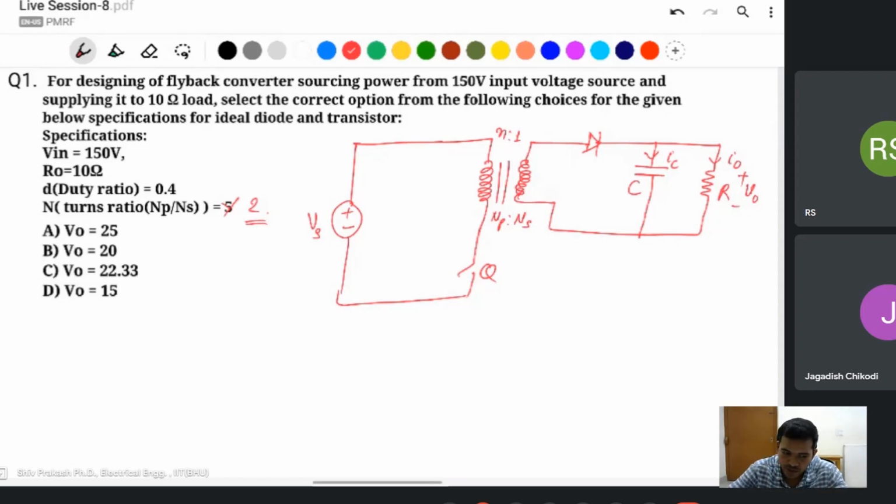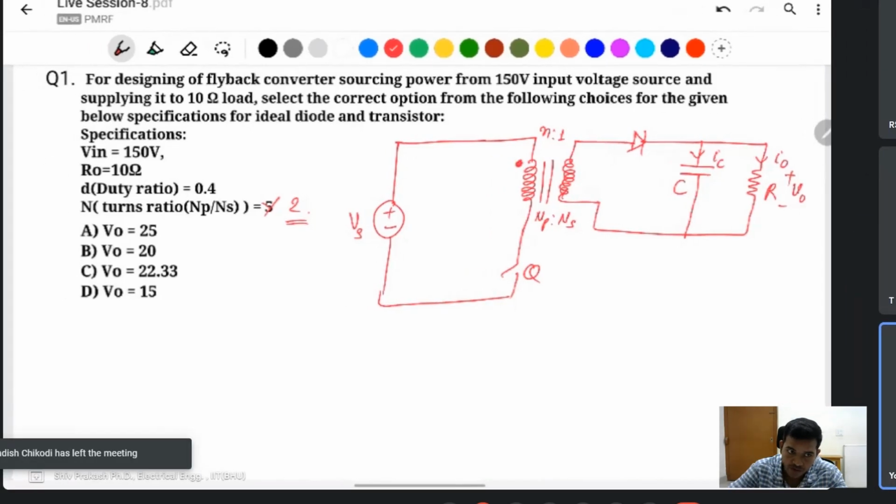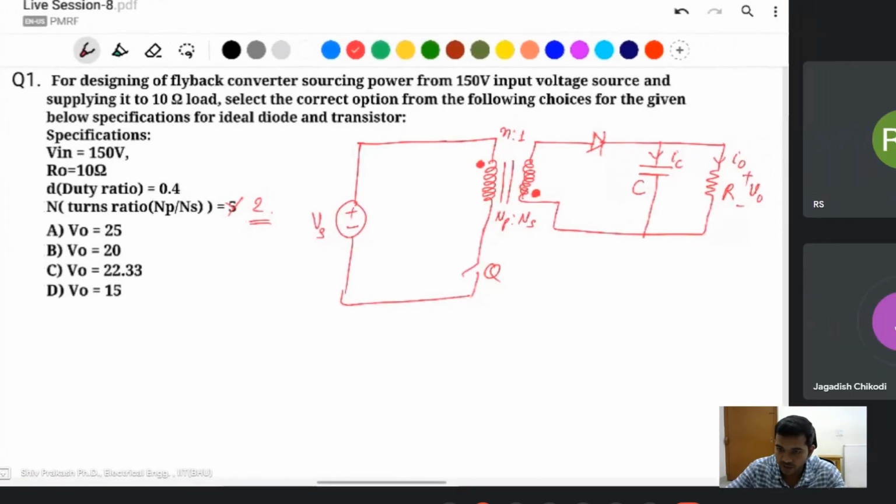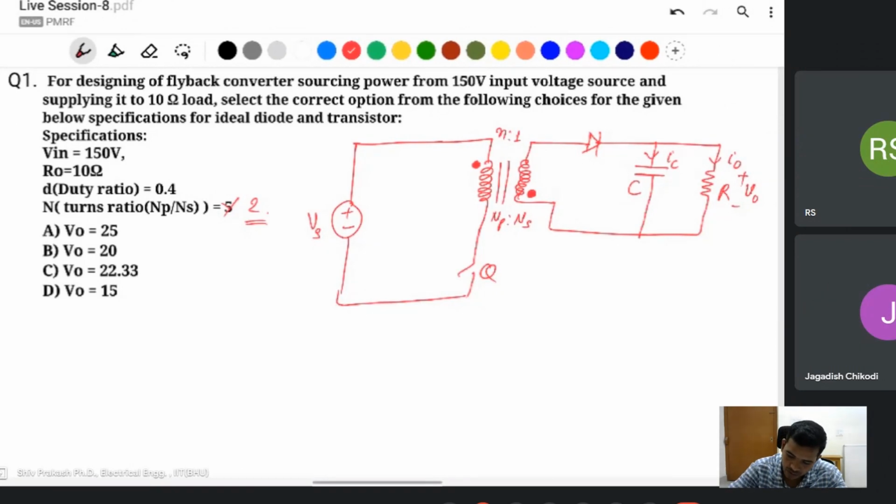It's a simple structure, but dot polarity are reversed in the transformer, like flyback converter dot polarity here to here. Dot polarity mentioned for the winding of coil, winding directions. We can take a magnetizing winding like that, one of them.